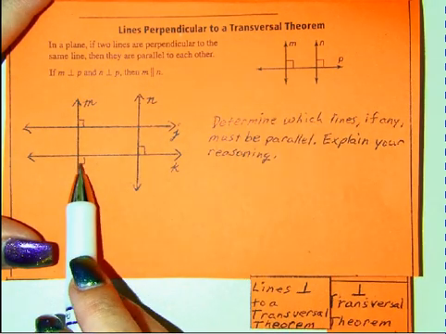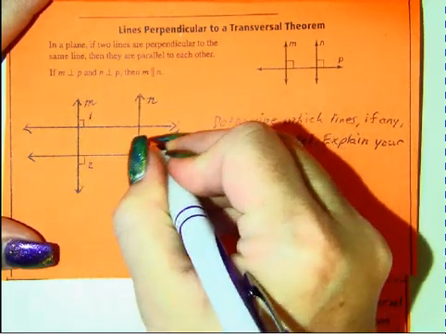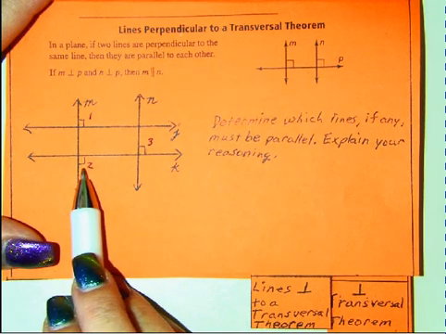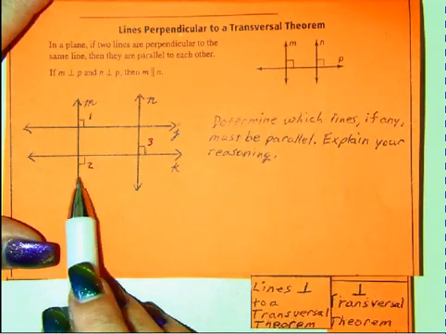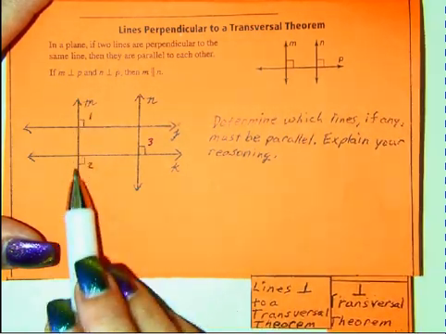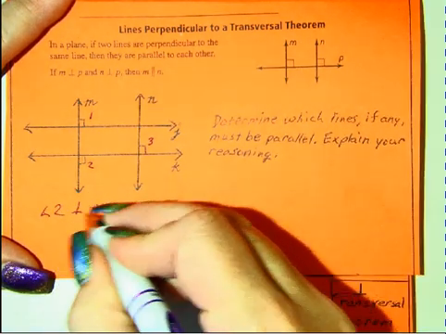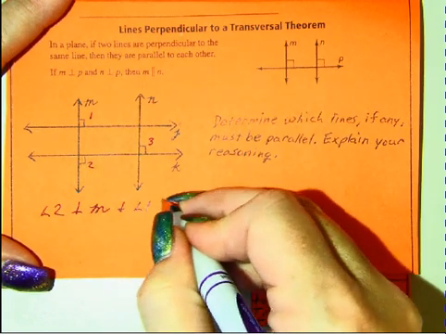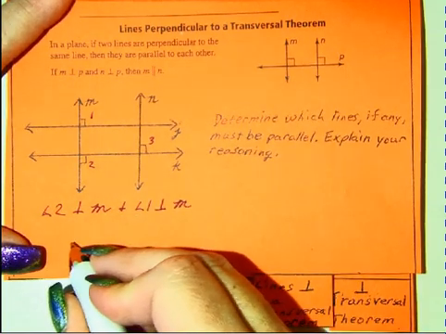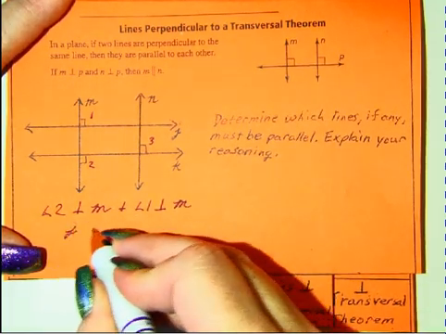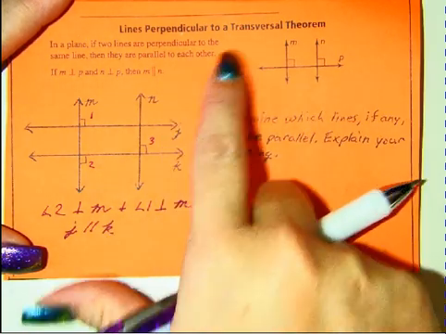Okay, so determine which lines, if any, must be parallel and then explain our reasoning. Okay, so here, let's just number these 1, 2, and 3. Angle 2 is perpendicular to line M, and angle 1 is also perpendicular to line M. So then we can say that J is parallel to K, and that's using this theorem up here.